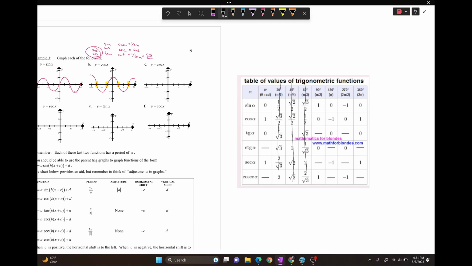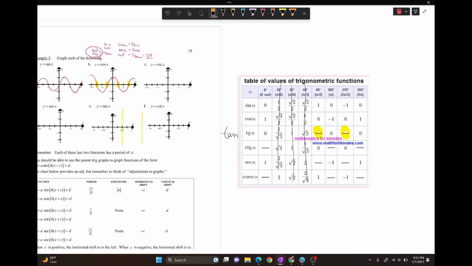Can we look at tangent? It's a foreign website, so they're not using the notation you would think. Tangent right here is undefined where? At pi over 2. Can I highlight that? Yeah, pi over 2 and 3 pi over 2. Well, 3 pi over 2 is over here, right? They didn't get that far. We just got to pi.